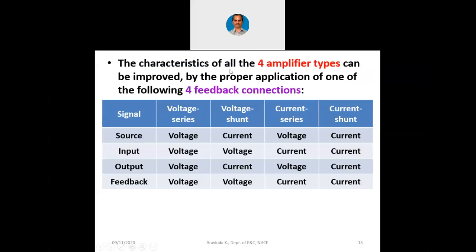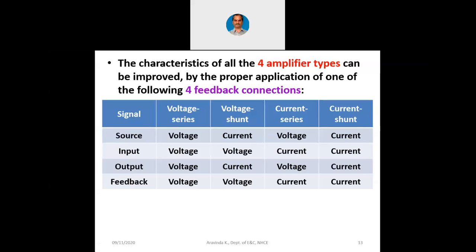Now the characteristics of all the four amplifier types can be improved by the proper application of one of the following four feedback connections. This also we have discussed already. I had discussed the four amplifier types in the beginning: voltage amplifier, current amplifier, transconductance amplifier, transresistance amplifier. If input is voltage and output is voltage, that is called a voltage amplifier.